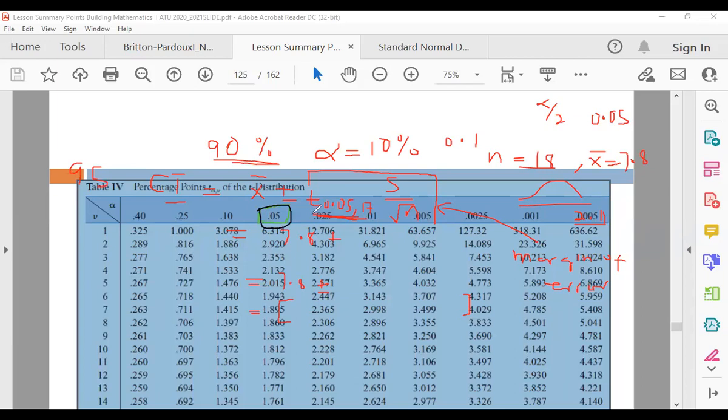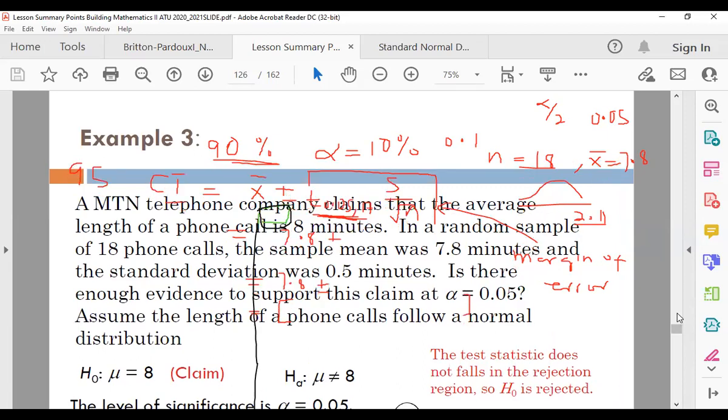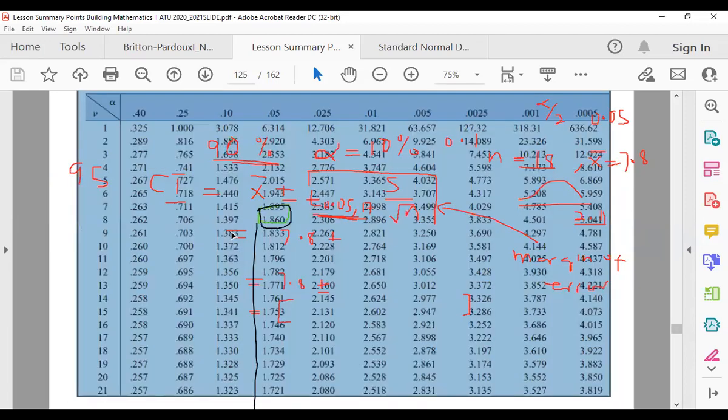And the degrees of freedom we are looking for is 17. So when we go down, the value where the two intersect gives us a t value of 1.740.